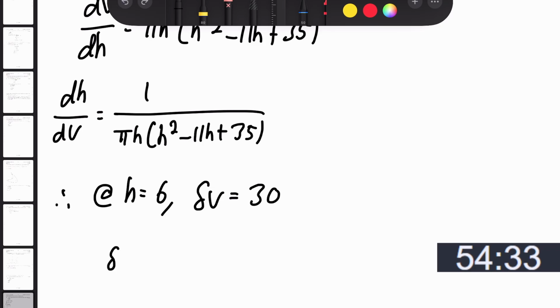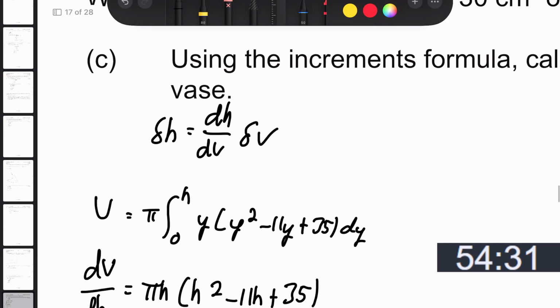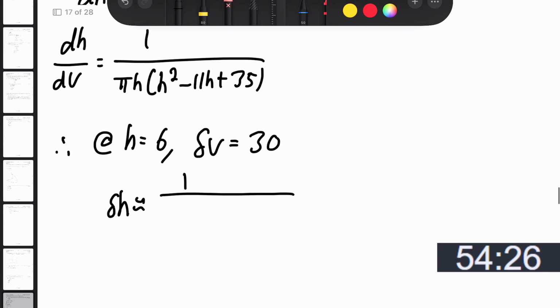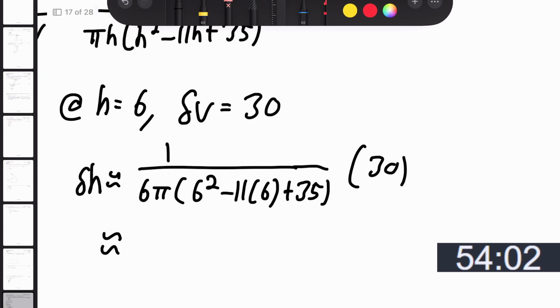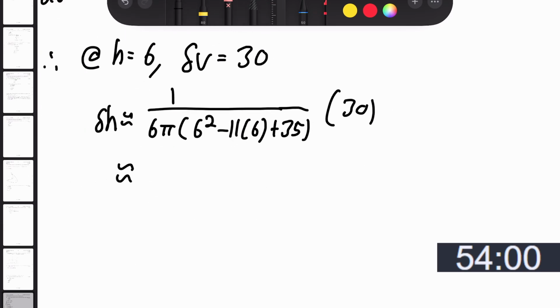Delta h will be approximately equal to 1 on 6 pi of 6 squared minus 11 times 6 plus 35, times 30, which is going to be approximately equal to 1 on 6 pi outside of 36 minus 66 plus 35 is 5, times 30, which is, oh, 1 on pi?